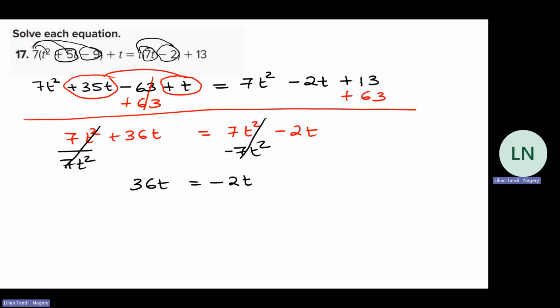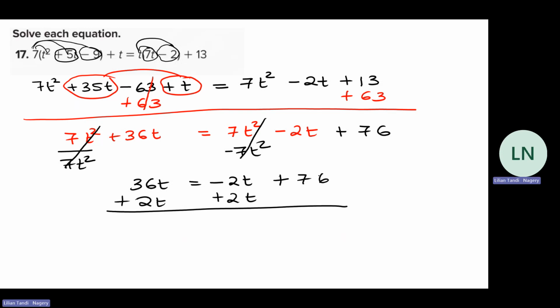I didn't finish. See, I was about to say, what is this? Plus 76 on both sides. Plus 2t plus 2t. Okay. See, always check your work.